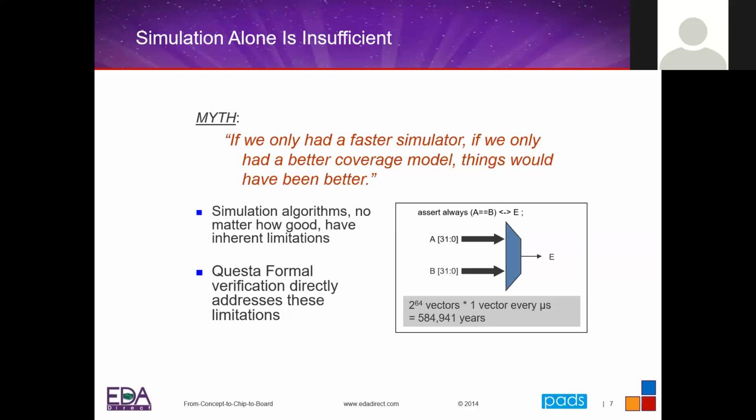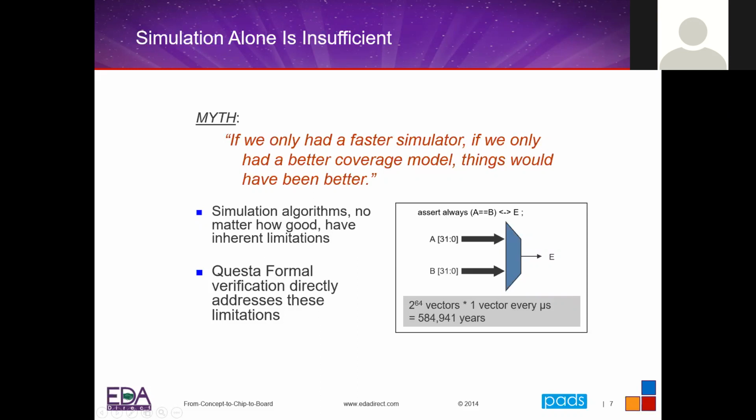But if you look at formal verification tools, and that's what we're going to focus on today, formal verification takes this problem and turns it around and looks at it from a different angle. It's not, given the stimulus we put on this circuit, did it cause an error? It is, given this circuit and given this assertion that I've made about this circuit, and that is, I assert whenever A equals B, that E will be a 1.